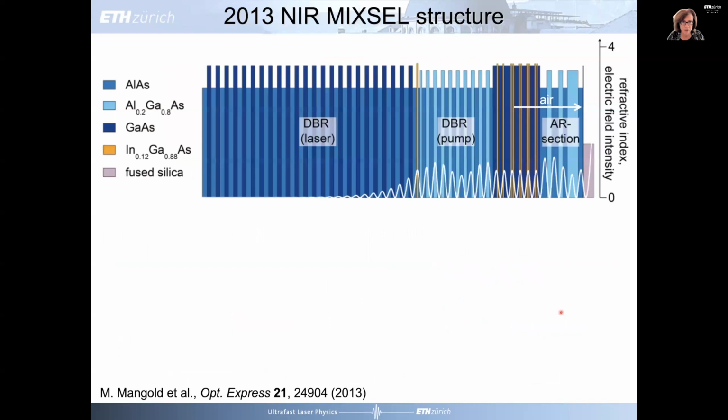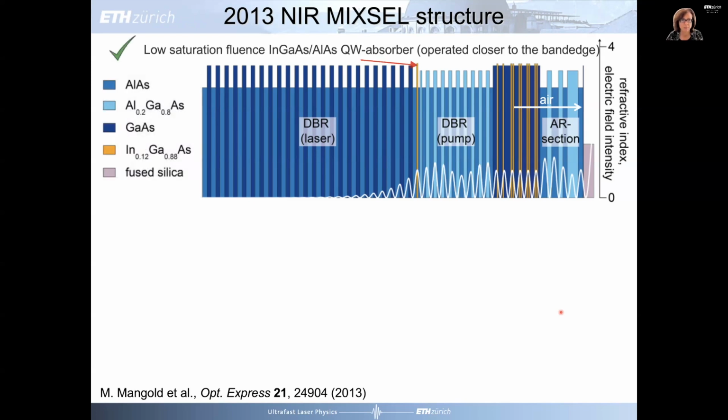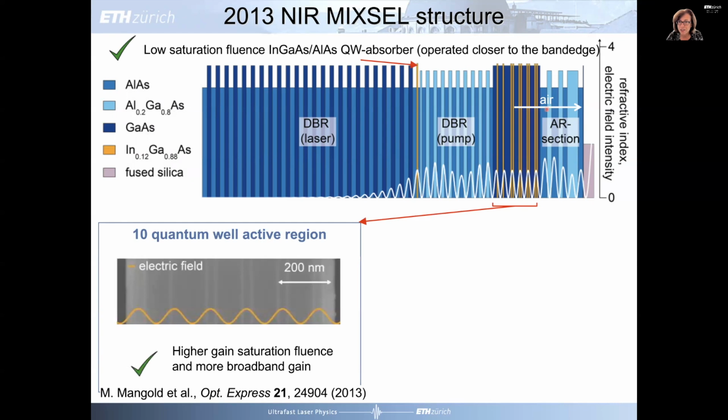Why we were lucky with these aluminum arsenide low temperature grown barriers. So by integrating this one, putting this whole thing on a heat spreader, and then basically using the saturable absorber still in an anti-resonant design. And when you look carefully here in the gain, we also moved the indium gallium arsenide quantum well gain away from the peak of the standing wave for multiple reasons.